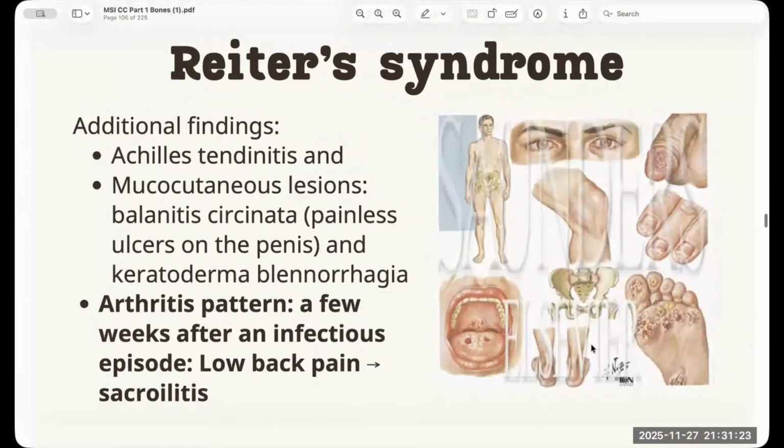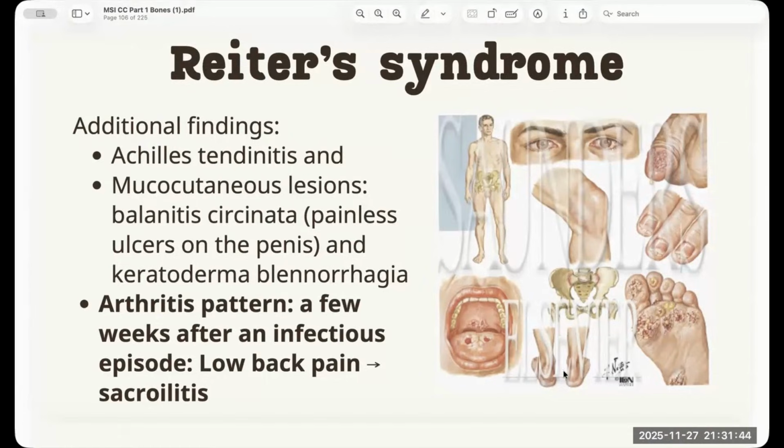But here are other findings that you can see. There are ulcers in the feet, meaning both, glans penis, in the mouth, and so on. Infection of the eye, infection of the joint, and so on.